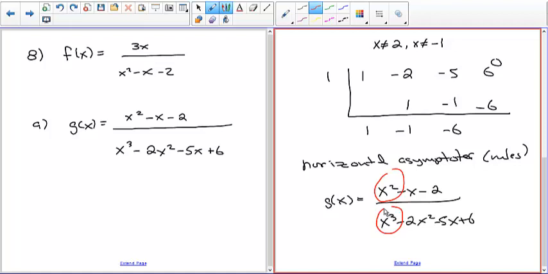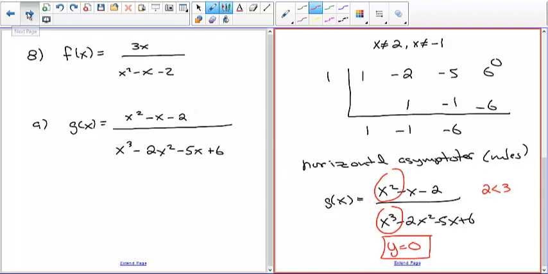In this case, 2 is less than 3. So that means y equals 0 is the line. If these were even, if they were both cubed, then it'd be 1 divided by 1. If it was 3 and 2, then you wouldn't have any horizontal asymptote.